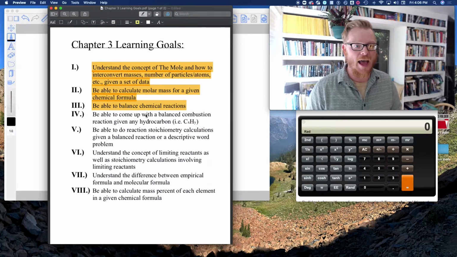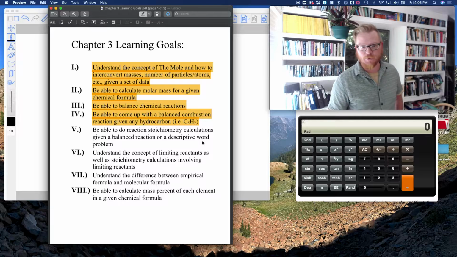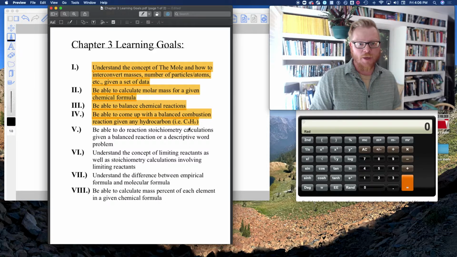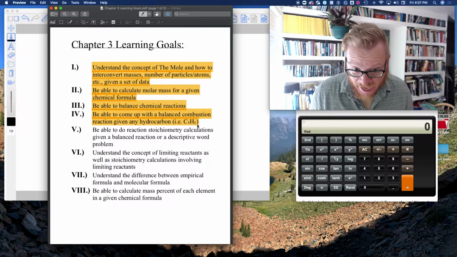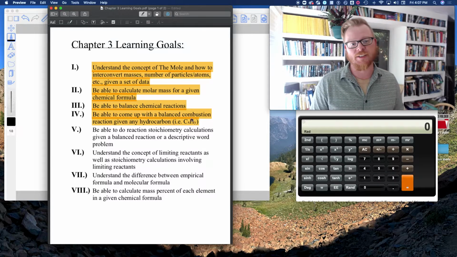And then I think the last thing we talked about was being able to come up with a balanced combustion reaction given any hydrocarbon. So I went through a couple examples, and you notice I said CxHy, right? I gave you the example of methane, which is CH4. I gave you propane, which was C3H8.